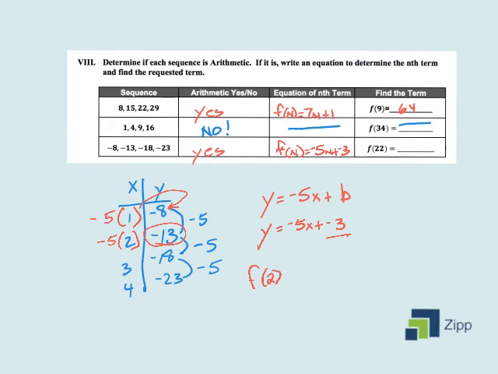That's going to be equal to negative 5 times 22 plus negative 3. 5 times 20 is 100, and 5 times 2 is 10, so this is negative 110 plus a negative 3, which is a negative 113.